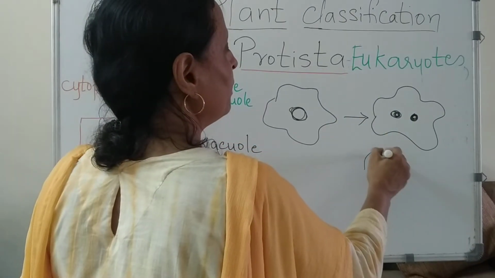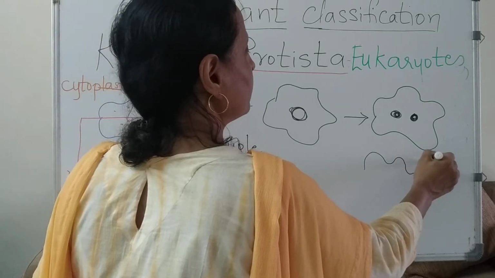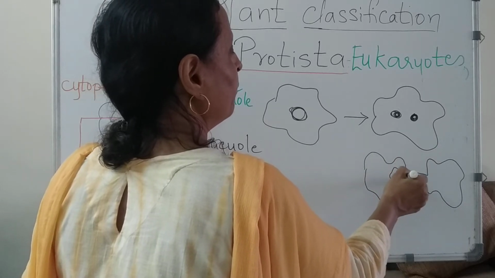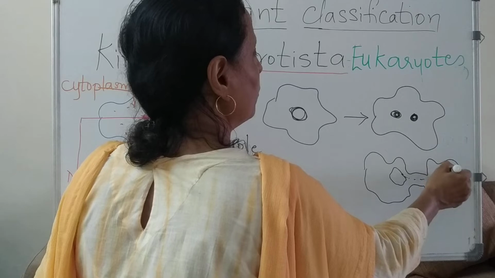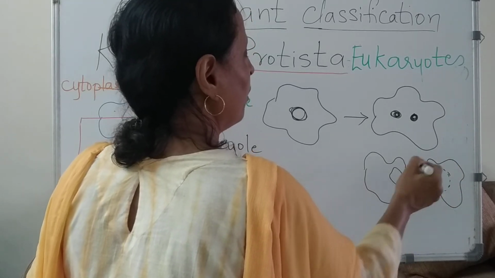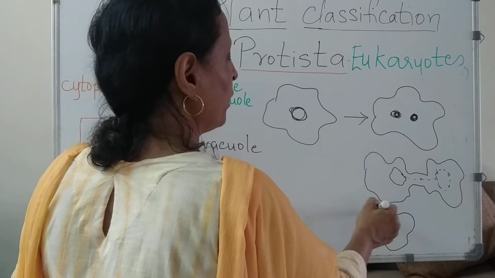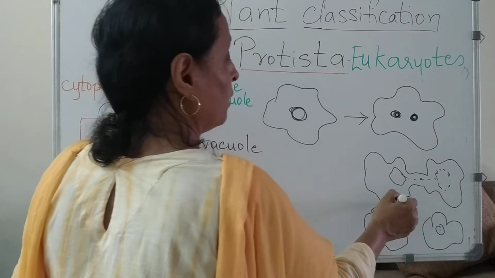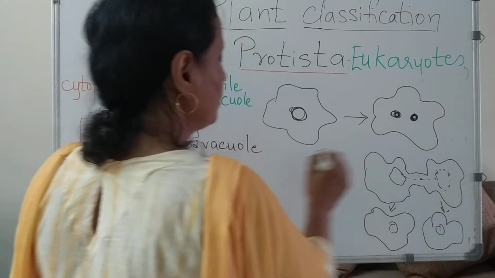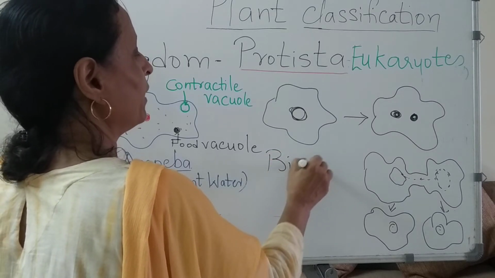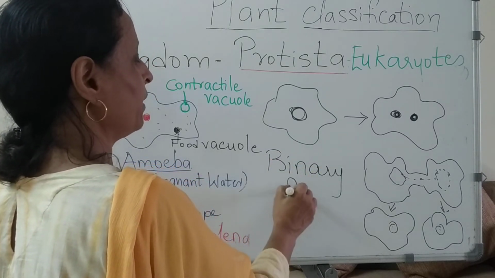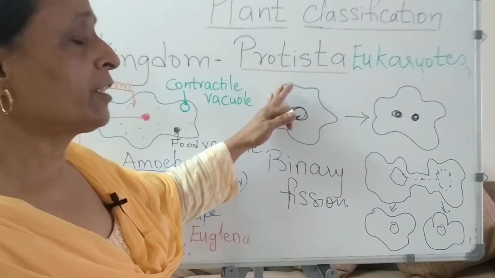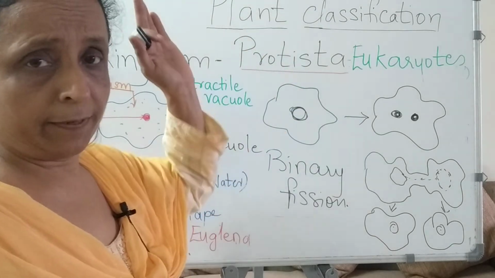Now constriction will occur in the cytoplasm and the membrane, and the nucleus which has divided, one will go here and the other will go here. So they have now divided into 2 amoebae, and this process of formation of amoeba by this process is known as binary fission. Fission is breaking, binary means breaking into 2. So this is how reproduction takes place in amoeba.